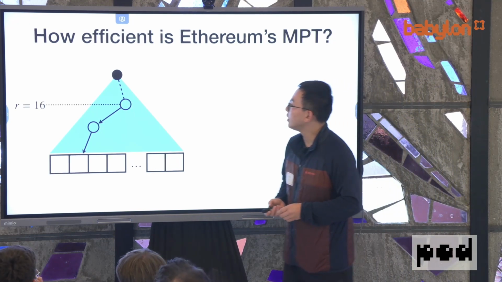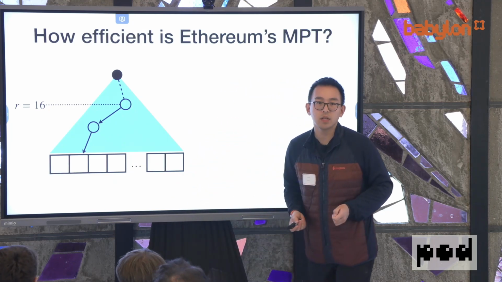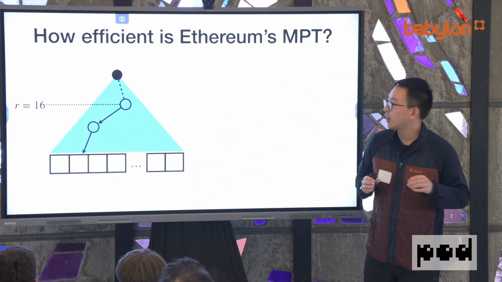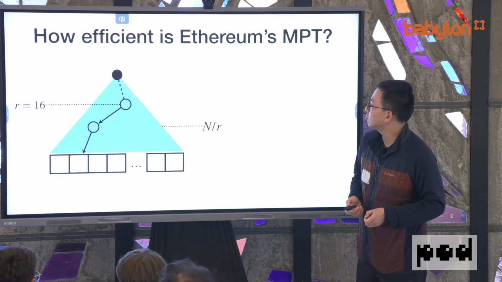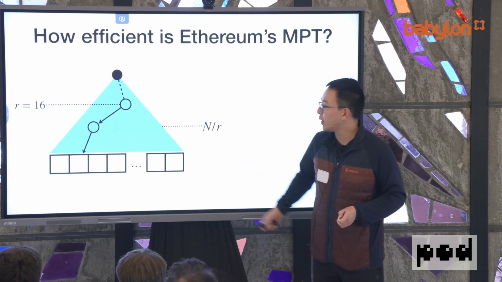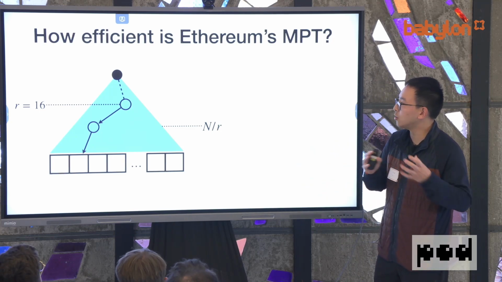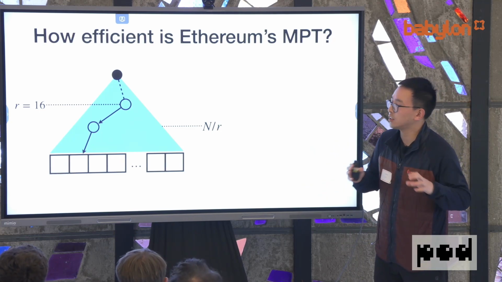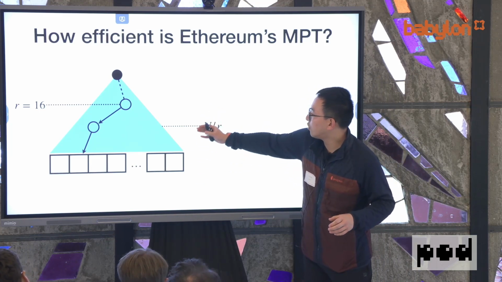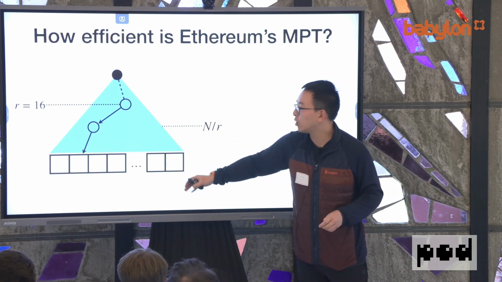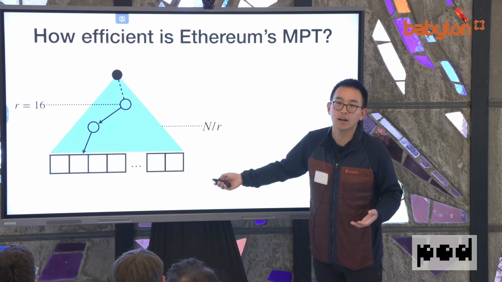In MPT, we use a radix of 16. Here, the radix parameter R tells you how many children, at most, a node can have. Suppose that there are n key value pairs. In the ideal case, because a node can have at most 16 children, or R children, one layer above the leaves, or one layer above the key value pairs, you are looking at a minimum of n over R nodes.